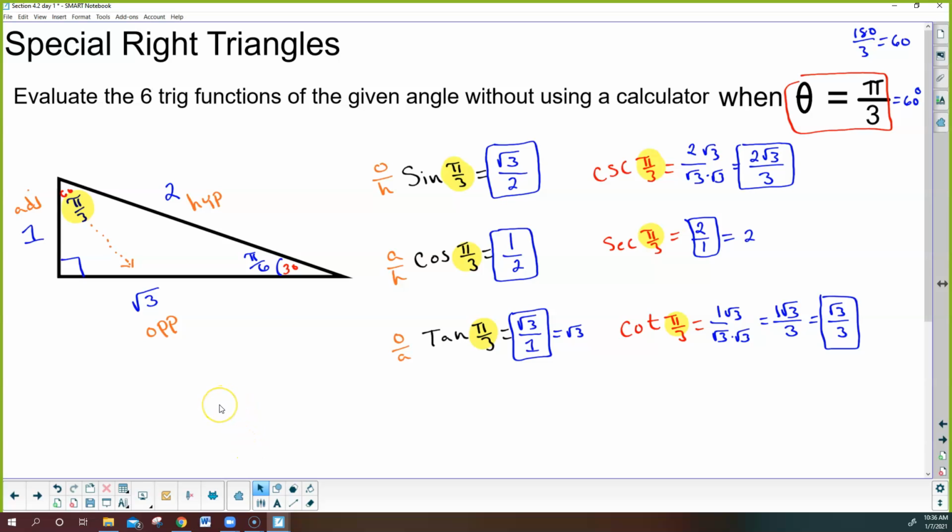All right, so very similar things that we did. The only difference now is if they give you an angle measure that's a 30, 60, or a 45, or the radian measures, you need to use the special right triangle to set those up.